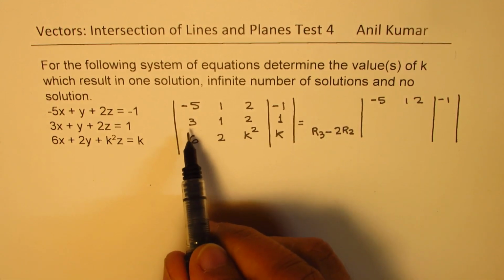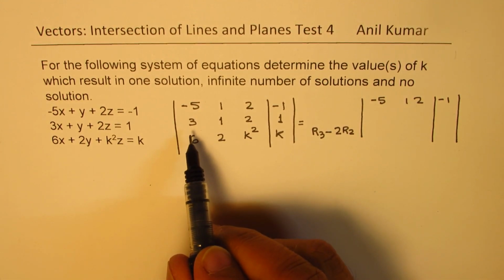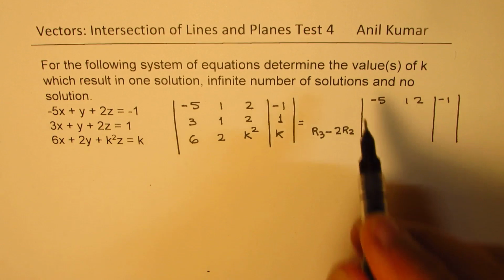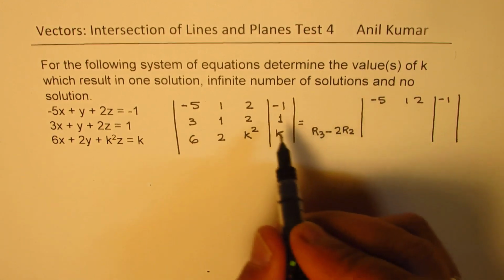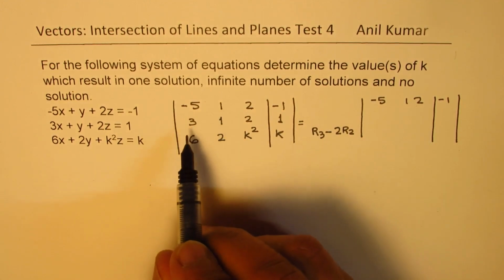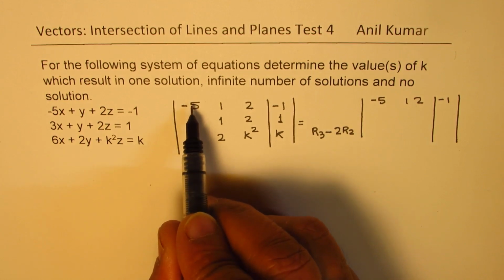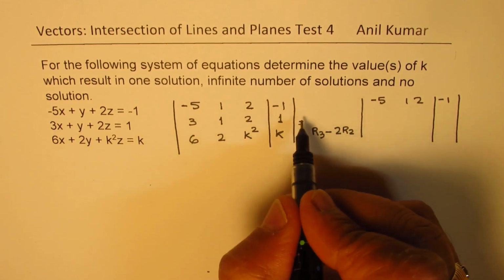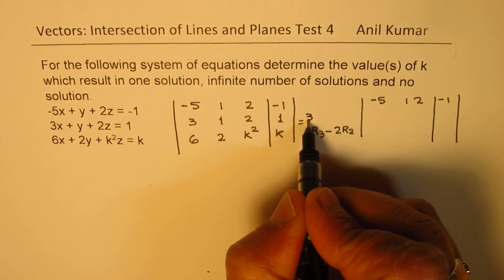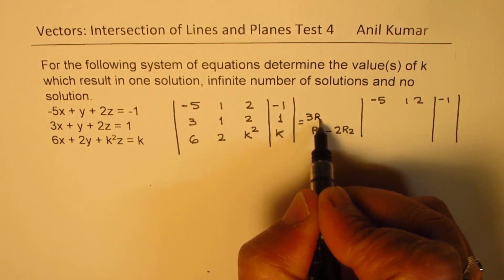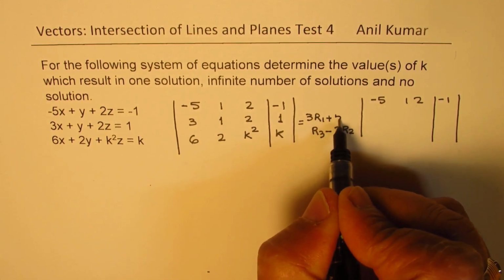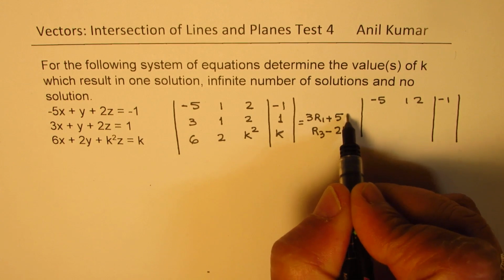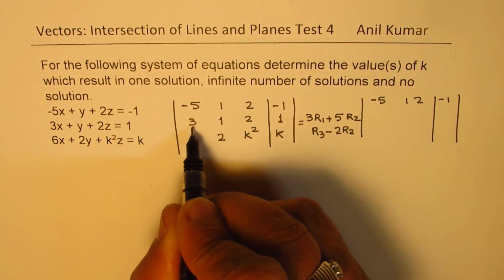We can also simultaneously make this 0. To make this 0, I have to multiply that by 5 and this by 3. So what we are trying to do here is add 3 times r1 plus 5 times r2, right? So then we can make this 0.